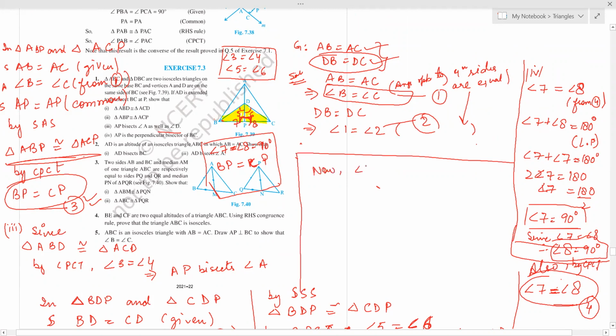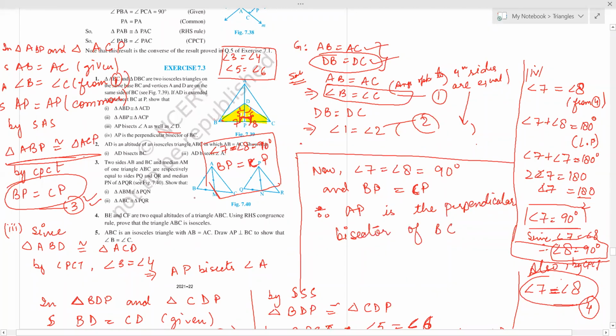Now angle 7 is equal to angle 8 is equal to 90 degree, and BP is equal to CP, already shown. Therefore AP is the perpendicular bisector of BC, because this we were asked in the question. So you just complete the part.